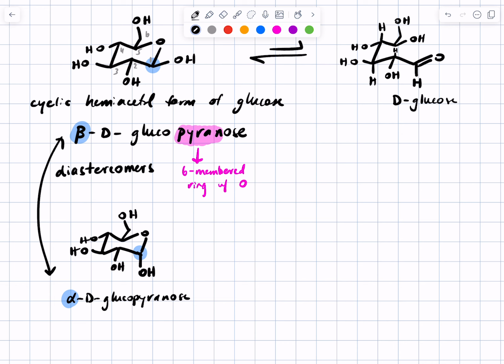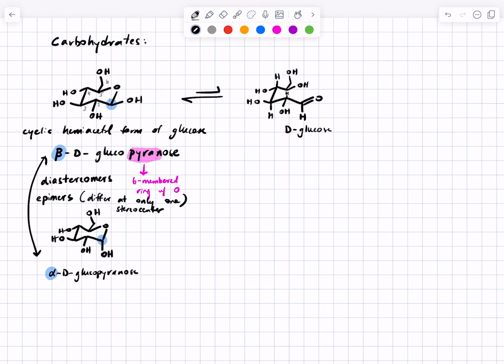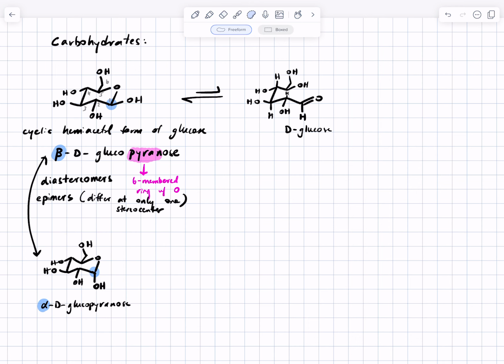We have another term for diastereomers that differ at one and only one stereocenter. That's called epimers. So they differ in configuration at only one stereocenter. And then we have another word besides epimers that we use for diastereomers that differ at the hemiacetal carbon.